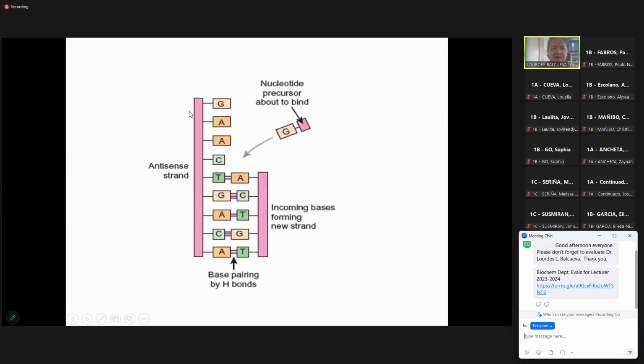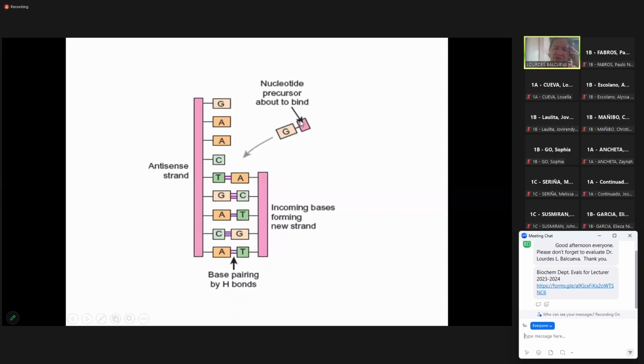So this is your antisense strand. This is the parent strand. And this is the beginning of the newly synthesized strand. Okay. So how do these triphosphates enter into the chain so that the formation of DNA will become complete?